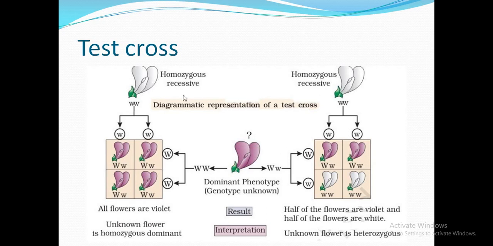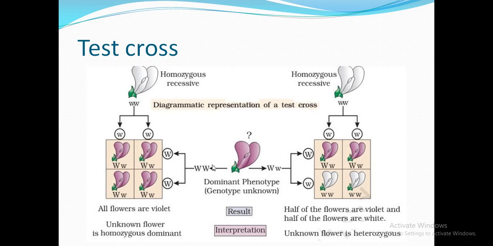If it is homozygous dominant, then all the flowers in the F1 generation of the test cross will be violet. If this occurs, then we can say that it has a homozygous dominant genotype.